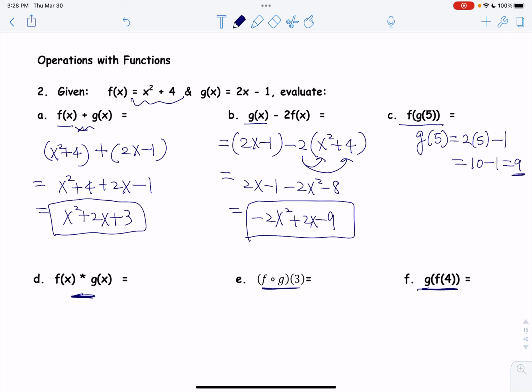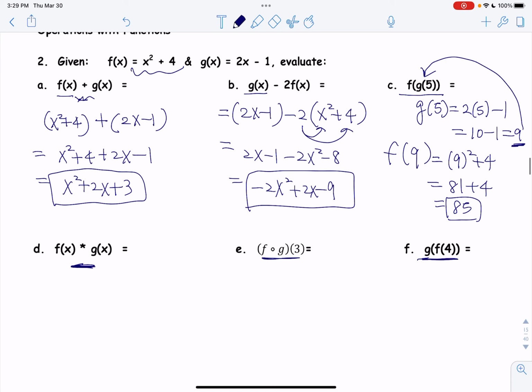And you have to use this as the x value in f(x); inside there, you replace x with 9 because that's the result of g of 5. So replace x with 9 in the f(x) function, which is 9 squared plus 4, which is 81 plus 4, becoming 85.